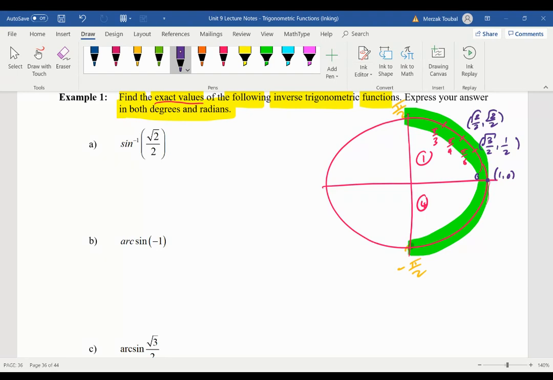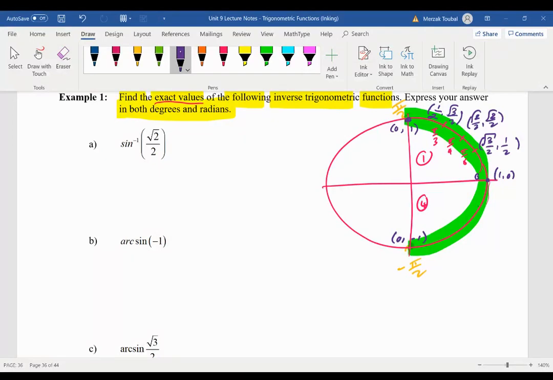And this one here, the pi over 3, is 1 half, root 3 over 2. And at pi over 2 is 0 comma 1. And at -pi over 2 is 0 comma -1. So we got all the positive angles so far.